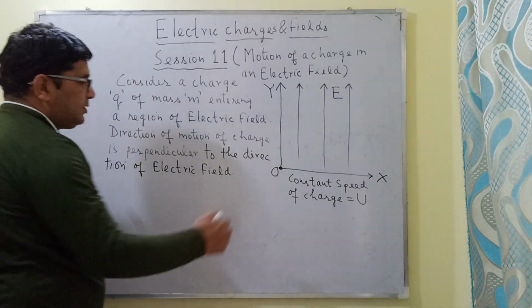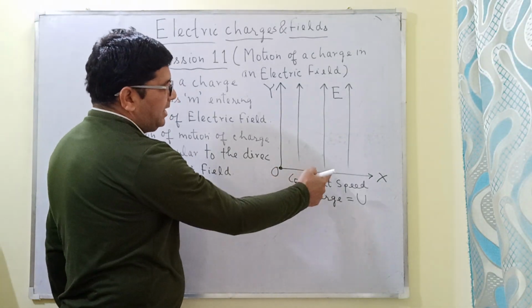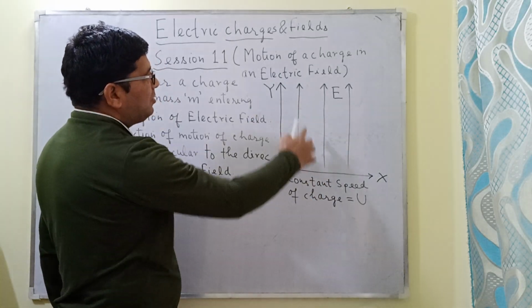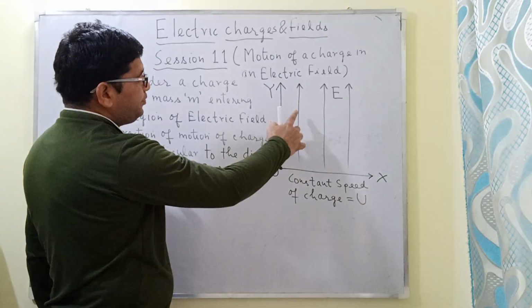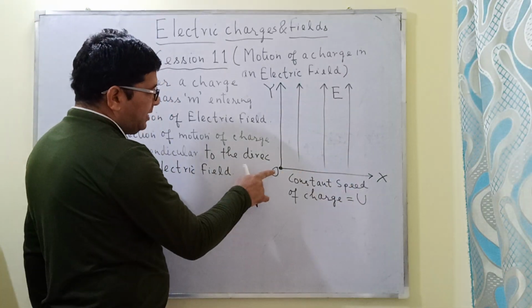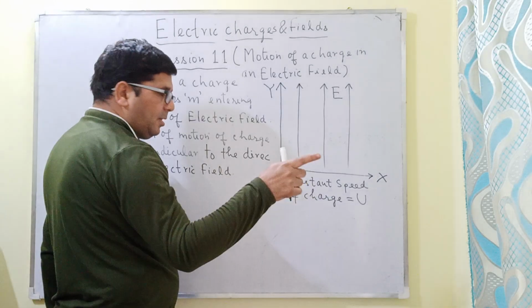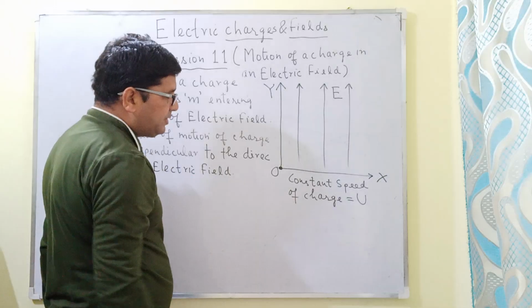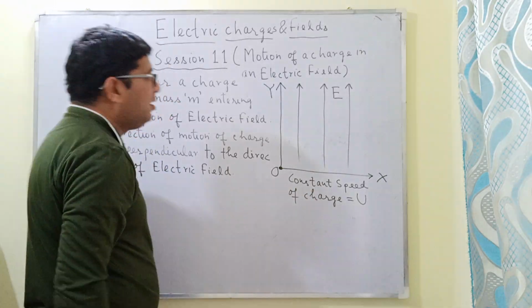So this is the point of origin, this is the x-axis and this is the y-axis. The direction of the electric field is along the y-axis in the upward direction, and the charge is moving along the x-axis. That is, it enters this region of electric field at this point O along the x-axis with a constant speed of u.